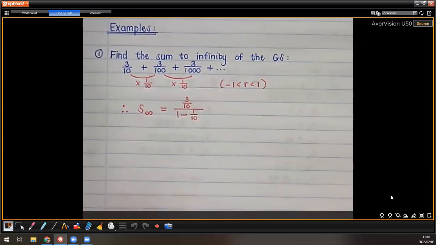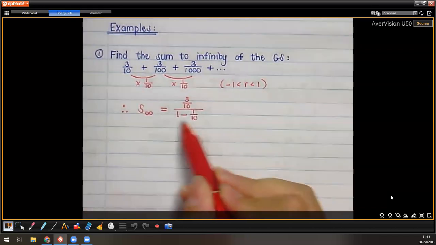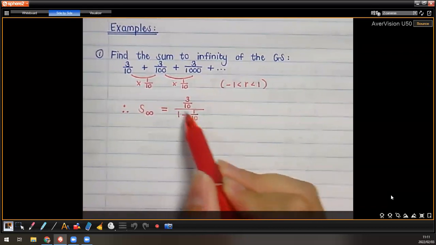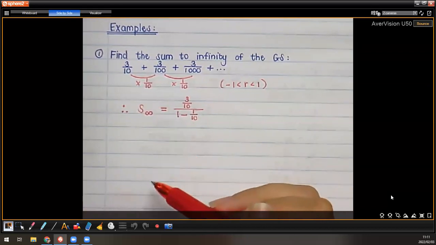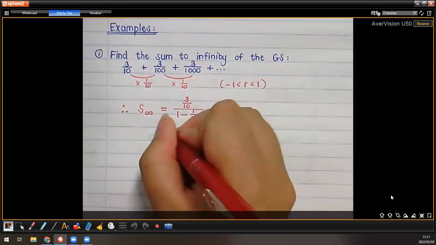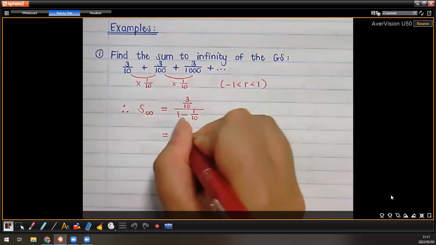It's better to write that over 2 lines. Sorry, I didn't think of that now. And then you're just going to type that into the calculator. You can work this out in your head, that's 9 over 10, and you can just type it in straight away. You will get a third as your answer.